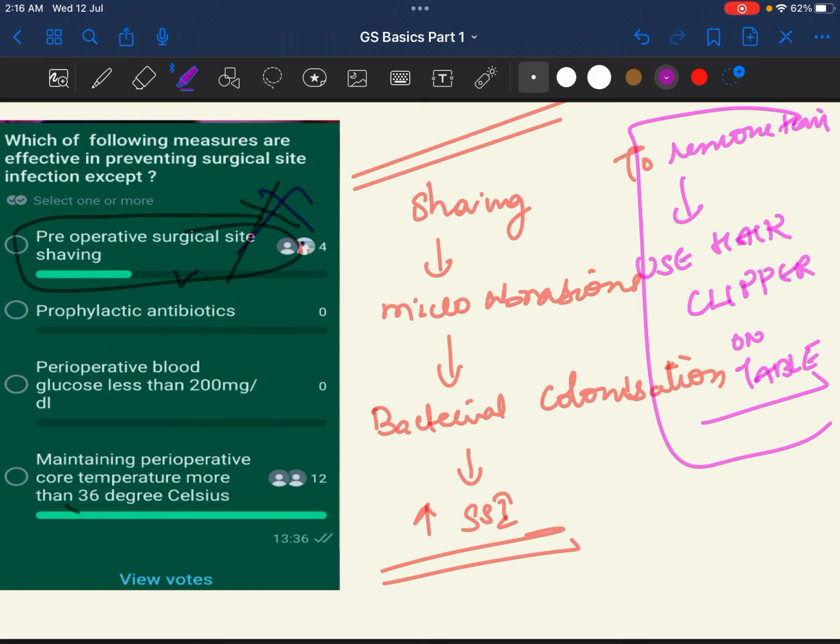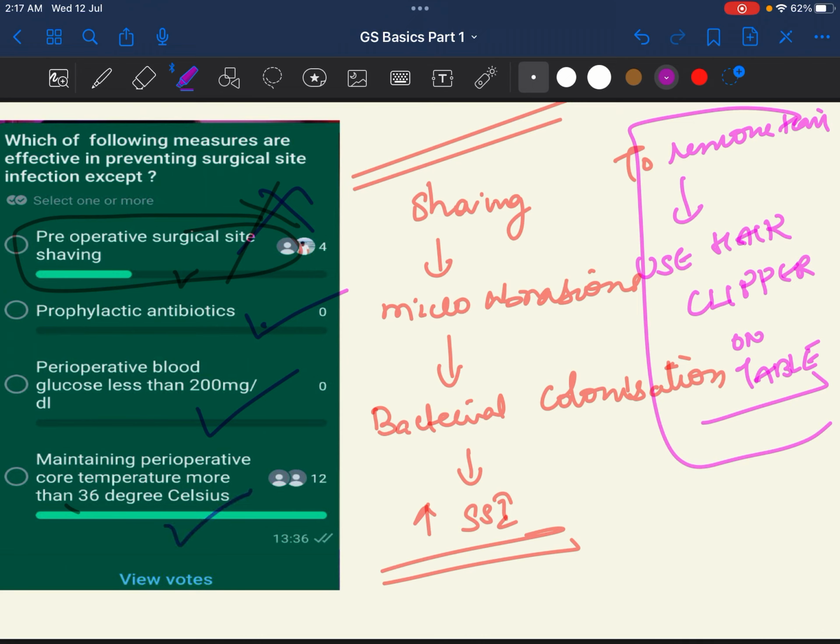Next thing is prophylactic antibiotics, which we will give. Perioperative blood glucose less than 200 mg per deciliter is desired. Next option is maintaining perioperative core body temperature.